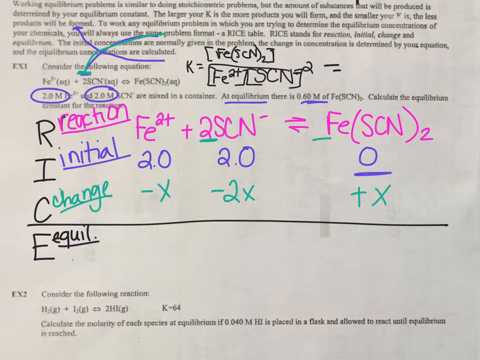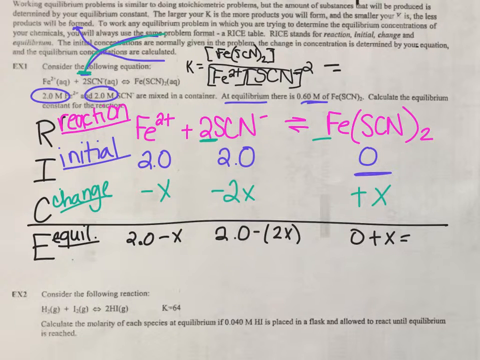As you get better at it, you don't have to write this part. You can just solve for it, okay? So 2.0 minus x is going to be equal to this value, right? I'm just taking straight from my table. This one is going to be 2.0 minus 2x. This one is going to be 0 plus x.